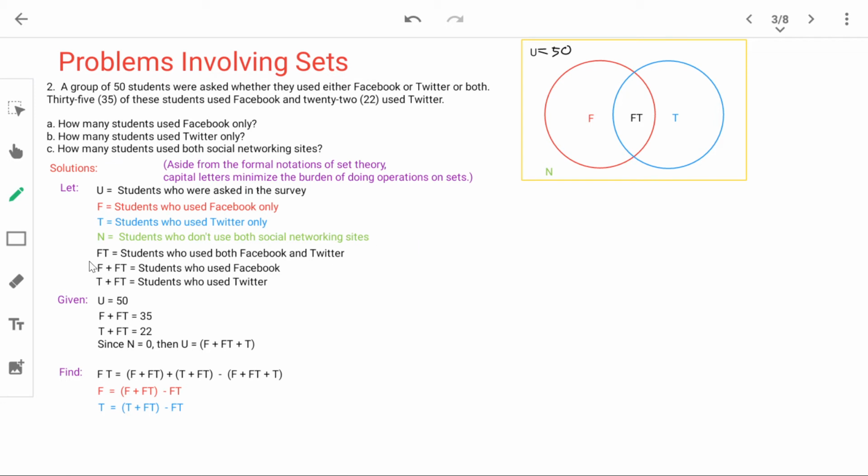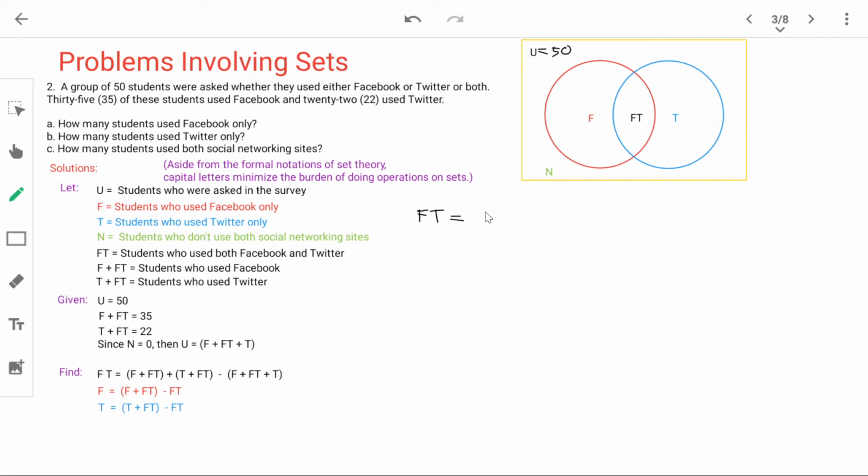So FT, these are the number of students who use both Facebook and Twitter, is equal to F plus FT. These are the numbers given for the students who use Facebook.